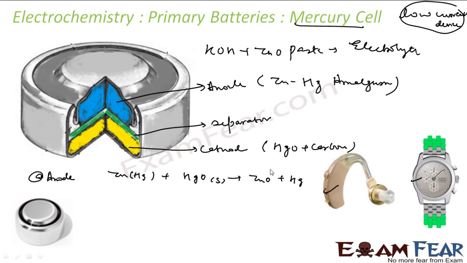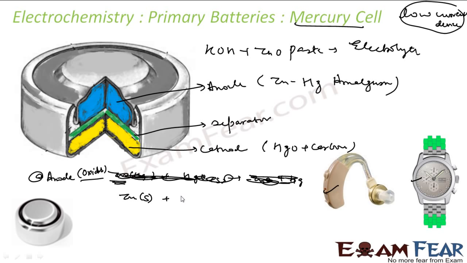There's something wrong here. At the anode, what will happen? Oxidation will happen. So there is zinc, it will get oxidized to Zn2+, right? Let me write the reaction. I have zinc in amalgam form. Let's suppose zinc solid. It will become Zn2+. How will it become that?